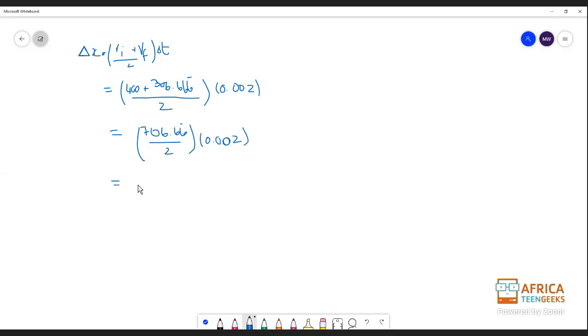And if I divide that by 2, I get 353. Because I get an answer of 0.066 repetitively. So rounded off 0.71 meters. Am I right? Yep. Okay.